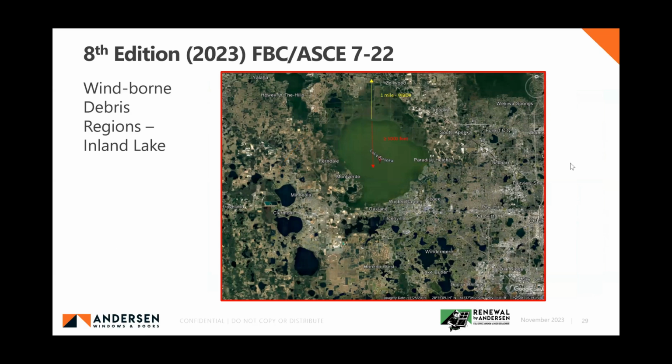This is Lake Apopka, in the middle part of the state, with wind speeds between 130 and 140 miles per hour. Clearly got the 5,000 feet of exposure in a lot of different places around this lake. So within 1 mile, these areas at the beginning of the year were now in a windborne debris region.